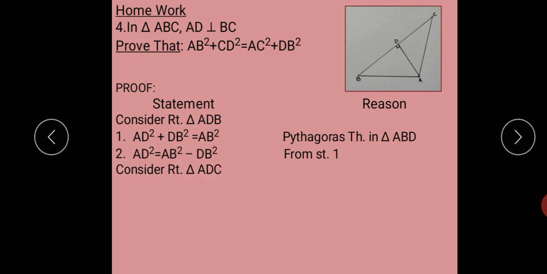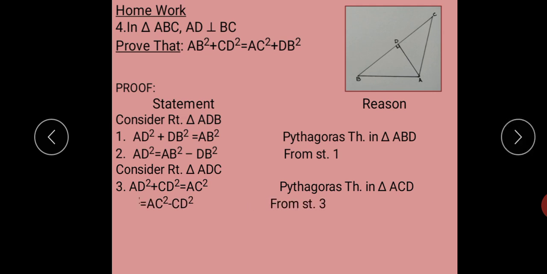Consider the other right angle triangle, that is ADC. Apply Pythagoras theorem. You will get AD square plus CD square is equal to AC square. Now keep AD square on the same side and take CD square on the other side. You will get AD square is equal to AC square minus CD square.